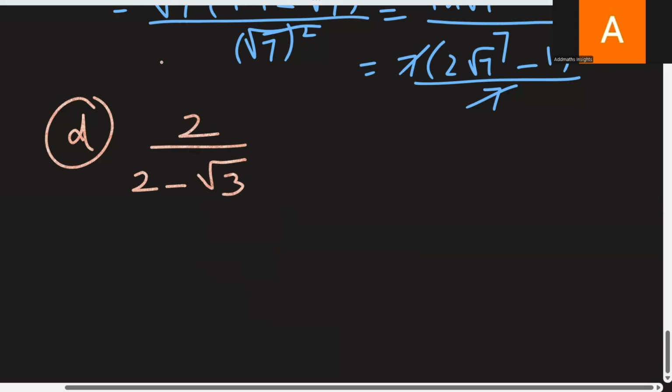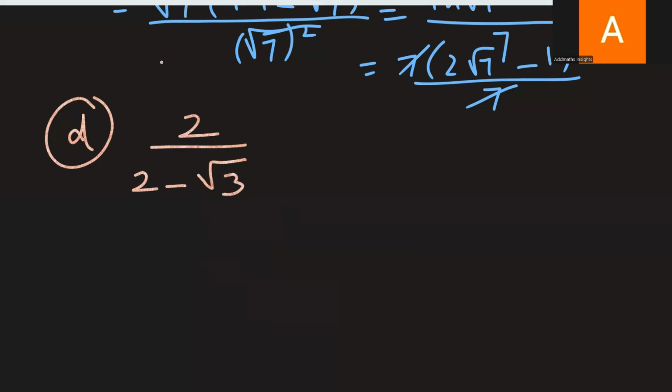Now you have to change the denominator, which is an irrational number, into a rational number. So the first step is to multiply and divide by the conjugate of this surd. So now you must know what is meant by the conjugate.